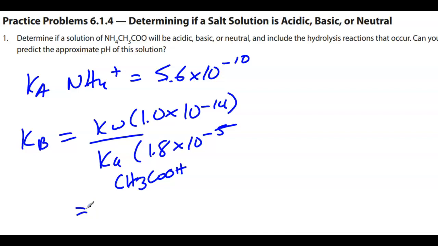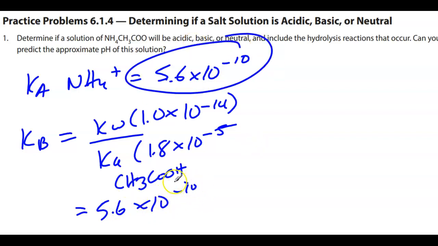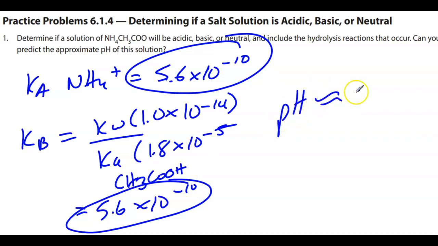And that is approximately 5.6 times 10 to the negative 10. Because they're pretty much the same, when we want to approximate the pH, it's going to be approximately 7 because they're incredibly close to each other. Okay, so we will continue the rest of this in the next part.